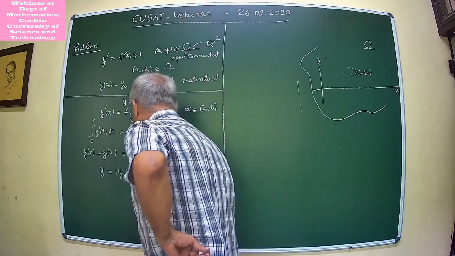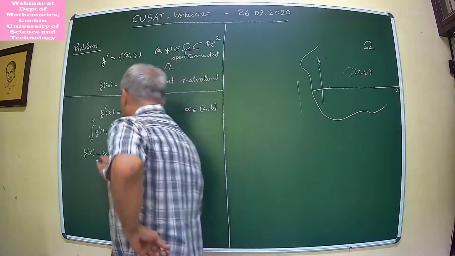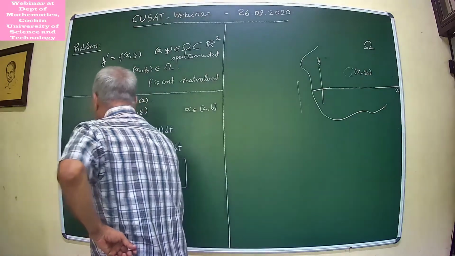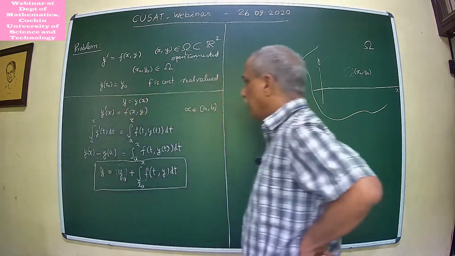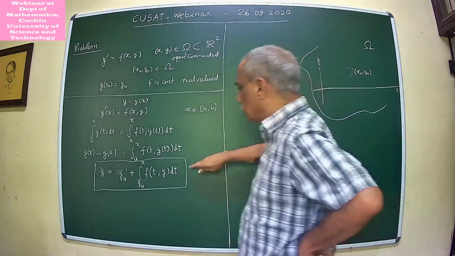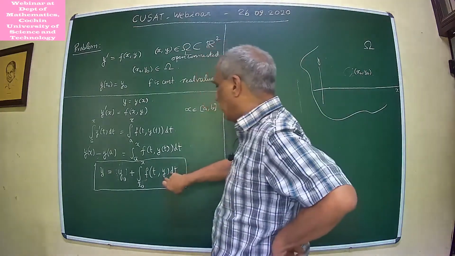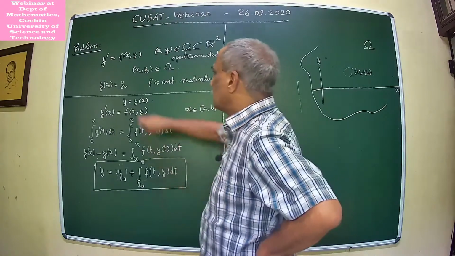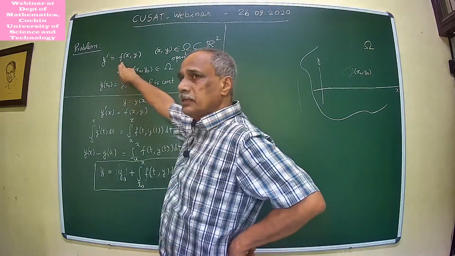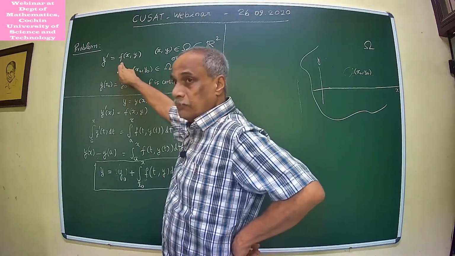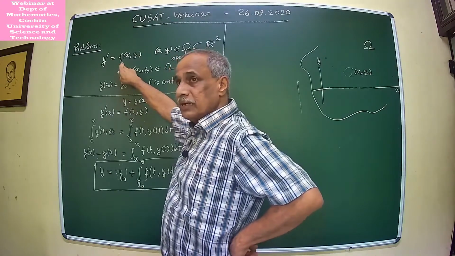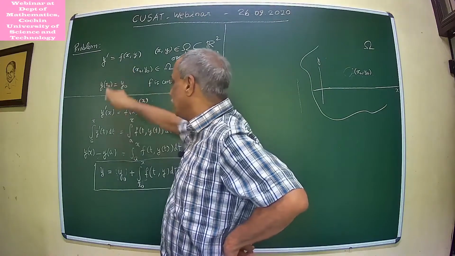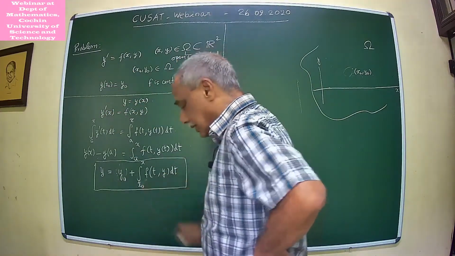So this is the integral equation that you have to solve for y, and one can prove the equivalence of the two. That is, if you have a solution of this integral equation, then it gives a solution of the initial value problem. Conversely, any solution of the initial value problem is a solution of the integral equation.